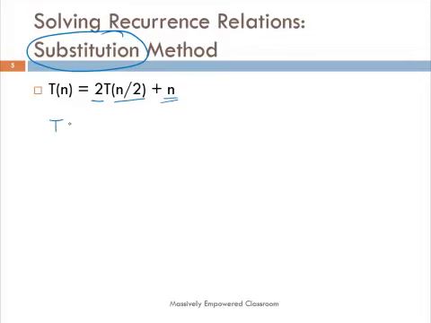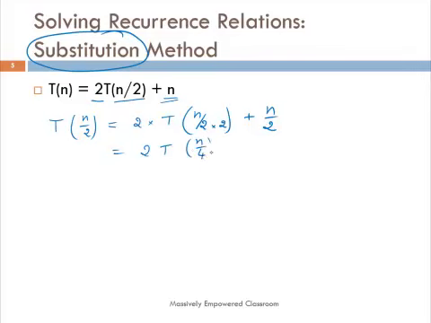I will apply the same formula to obtain the value of t of n by 2. So t of n by 2 is nothing but 2 times t of n by 2 by 2 plus n by 2. I have simply substituted n by 2 for n in the above formula. So this is nothing but 2t n by 4 plus n by 2.